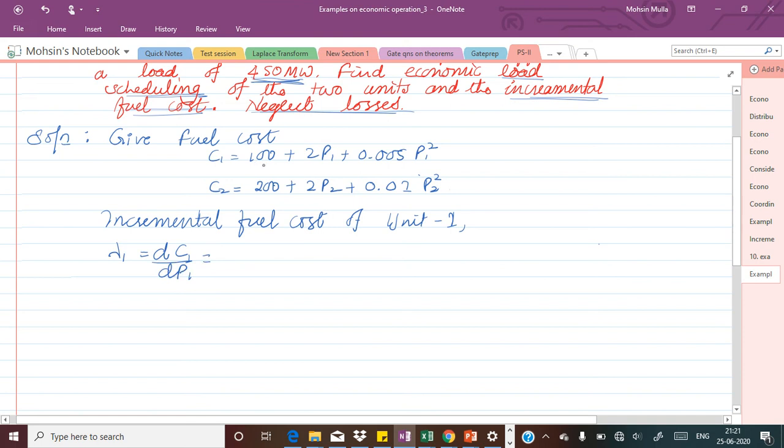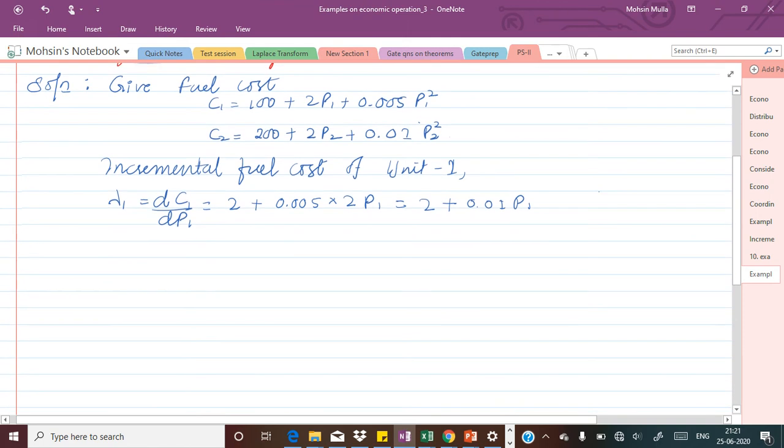Differentiation of 100 is 0, differentiation of 2 P1 is just the constant 2, plus differentiation of 0.005 into P1 square, where the differentiation of P1 square is 2 P1. Therefore we get 2 plus 0.005 into 2, which is 0.01, into P1. This is the first incremental fuel cost equation.